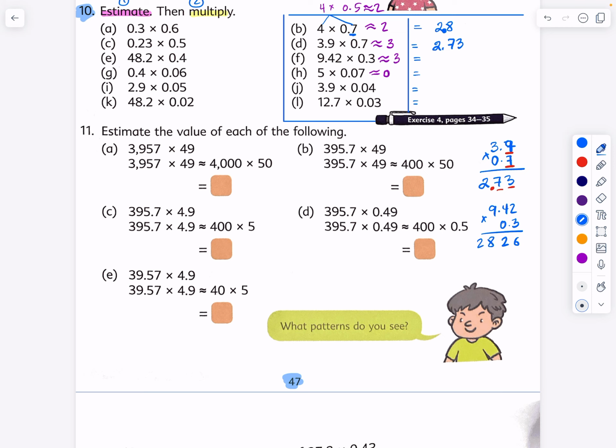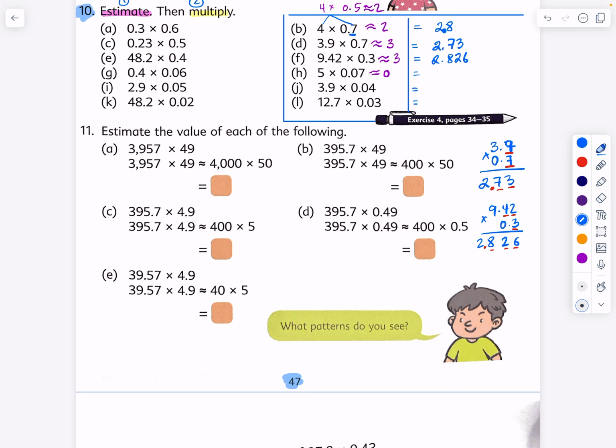However, obviously our answer cannot be 2,826. Let's compute the decimal places. We have 1, 2, and total 3. So 1, 2, 3. And our final product is 2 and 826 thousandths, which is very close to our original estimate of 3.